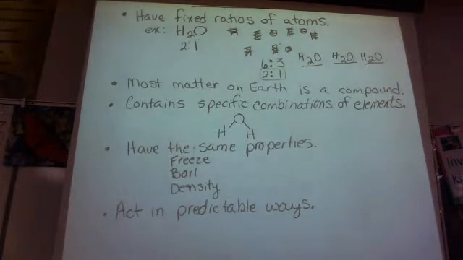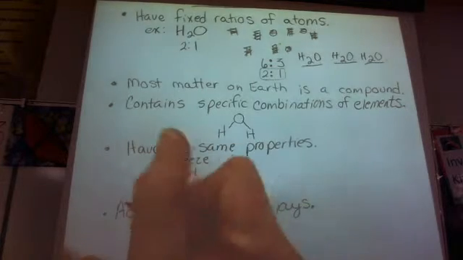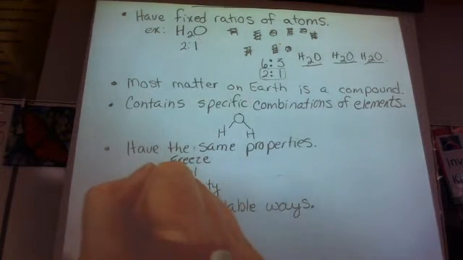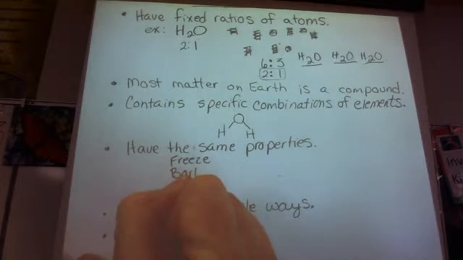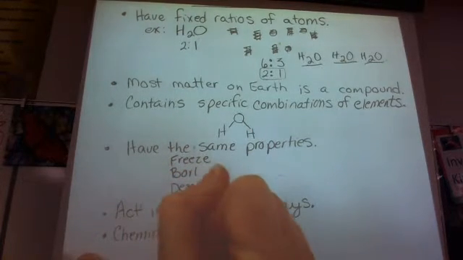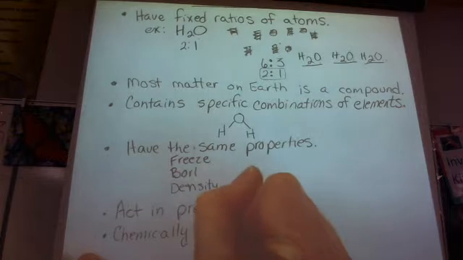I can practice my swim strokes if I want, and I can do that in a freshwater lake here, and I can do that in a freshwater lake in Colombia, and it's going to be the same. Okay, these compounds act in predictable ways. There's no mysteries. Okay, we know that they're chemically combined atoms or elements.